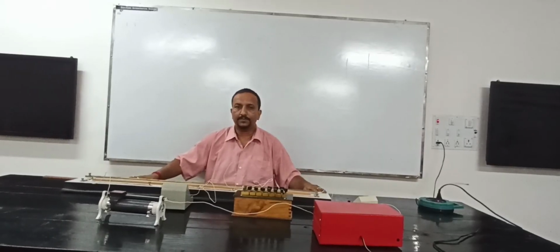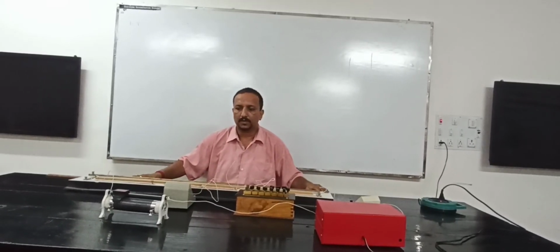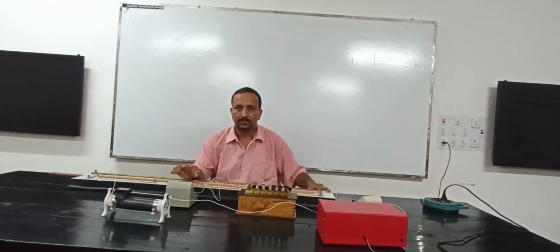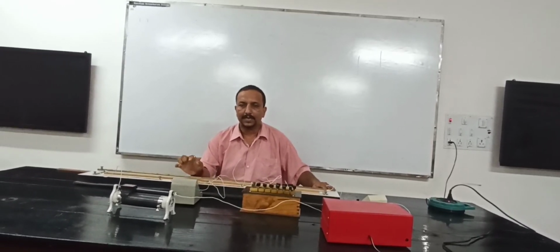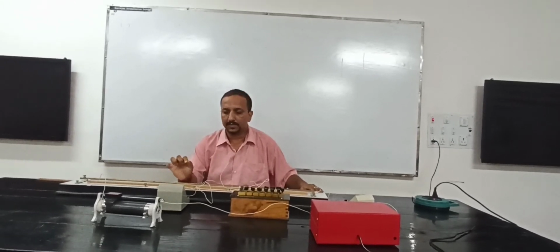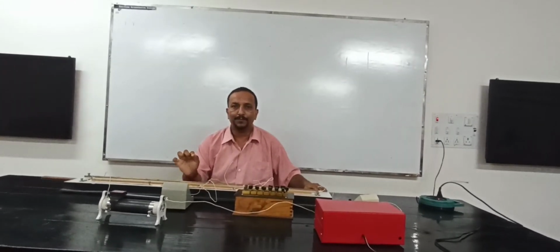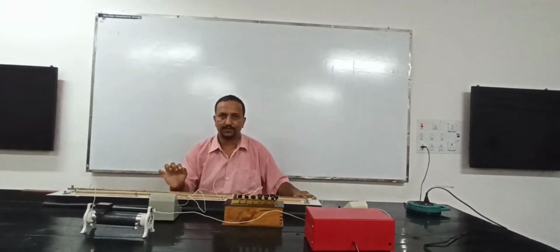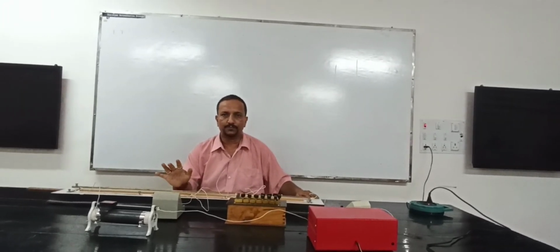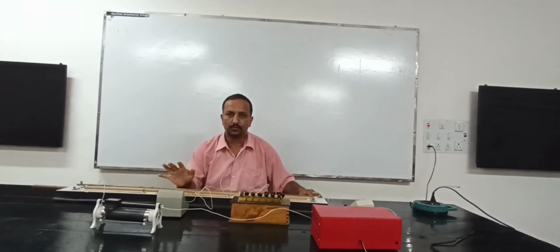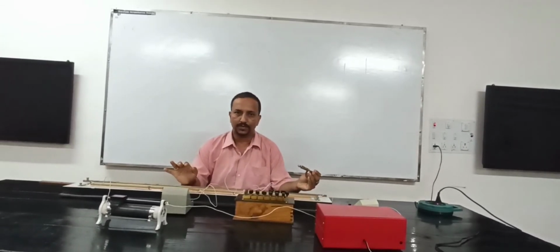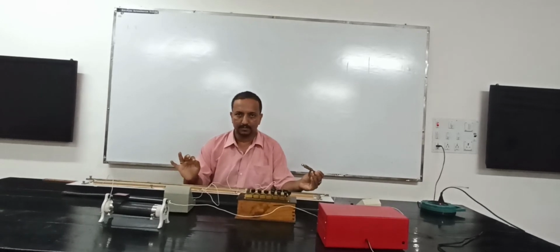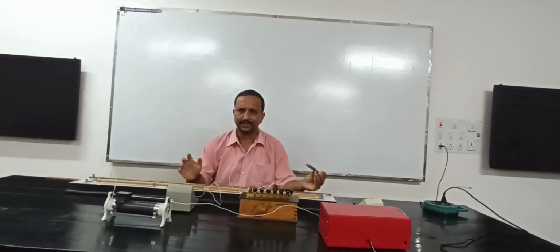Now that we have taken the readings of the unknown resistance, we will put them in the table and calculate the value of mean unknown resistance. We have taken 4 readings, so from 4 readings we can take the mean of the unknown resistance. We have calculated the diameter to be 0.028 centimeter.